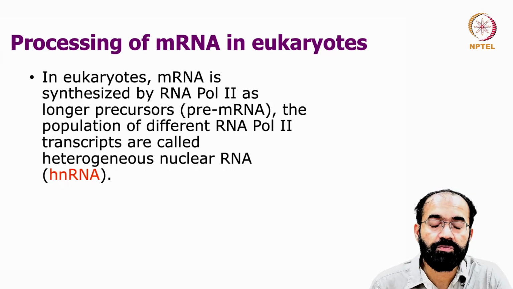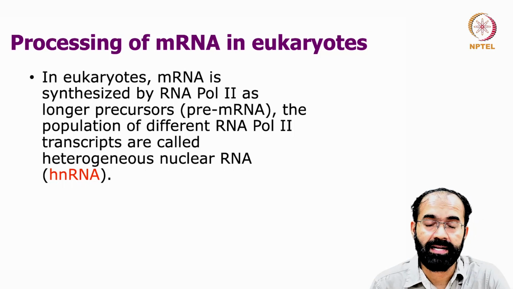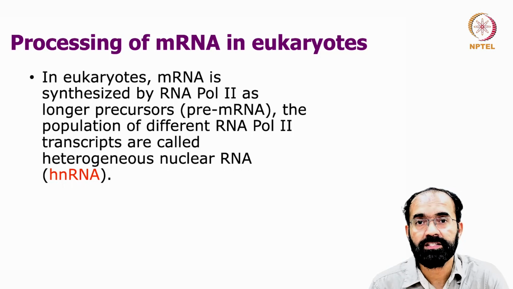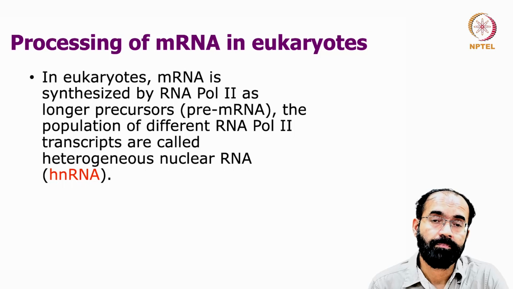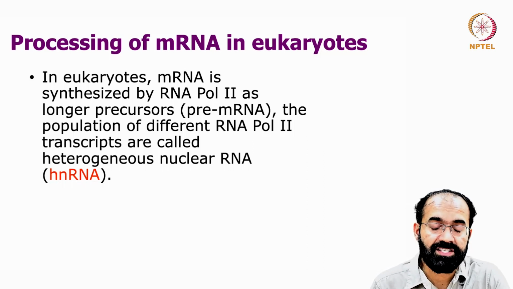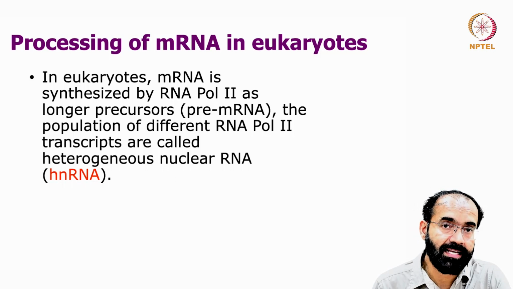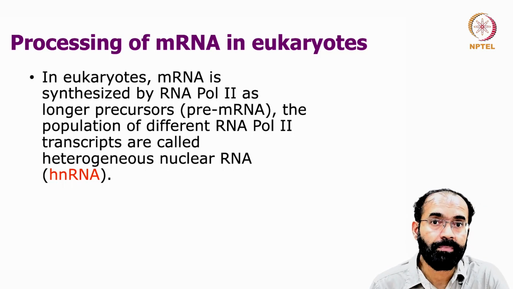The population of different RNA polymerase 2 transcripts is called heterogeneous nuclear RNA, hnRNA, because they can also associate with specific proteins, making them hnRNPs, and this provides stability. These hnRNAs are always found interacting with some proteins to prevent their degradation and also for recognition by downstream events.